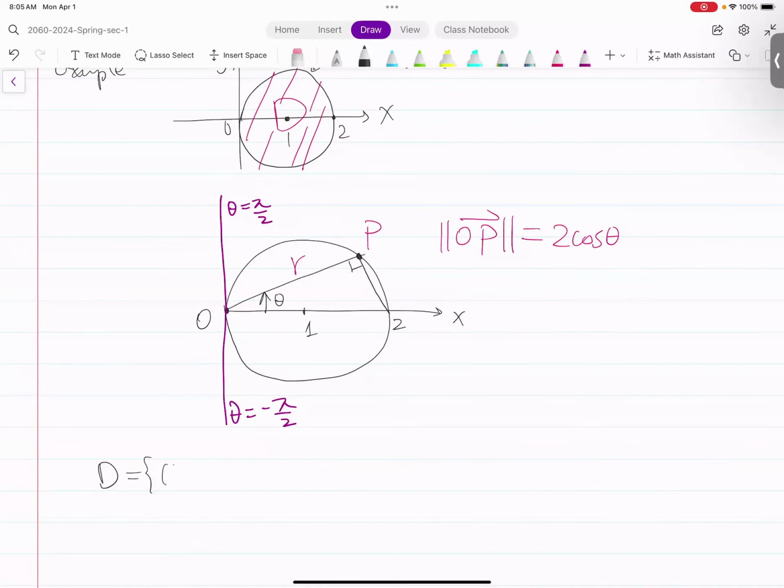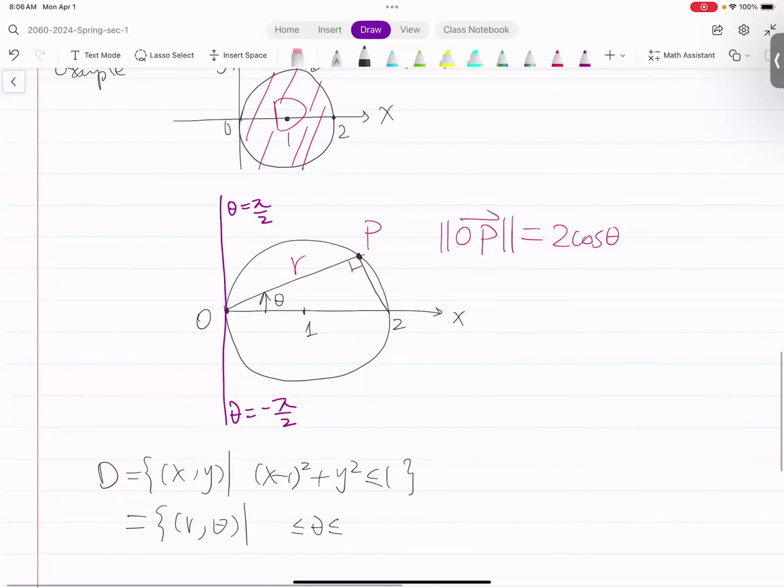Of course, if you describe it in terms of the xy variables, this is the disk enclosed by the outside circle, but here it's in r and theta. We decide theta first, because for theta we don't have varying bounds.